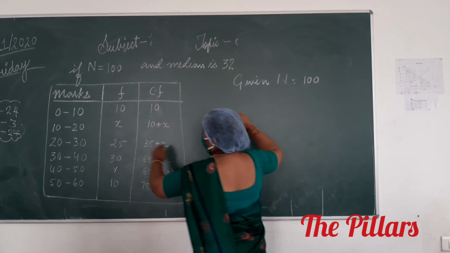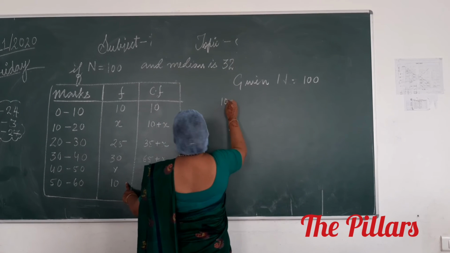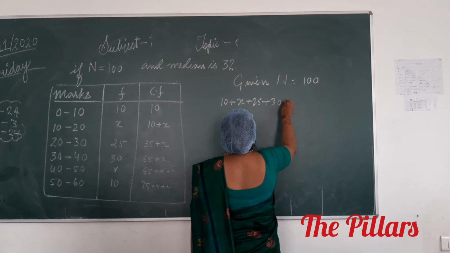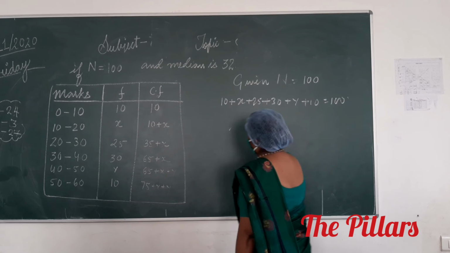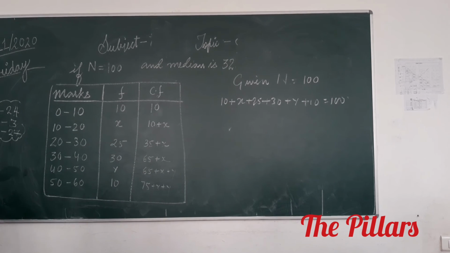If n is 100, the sum of all these should be 100. So 10 plus x plus 25 plus 30 plus y plus 10 is equal to 100. Write an equation in x and y. X plus y is 25. Yes, very good.